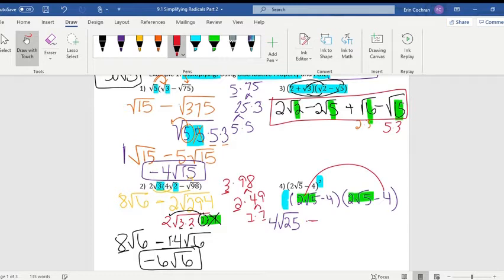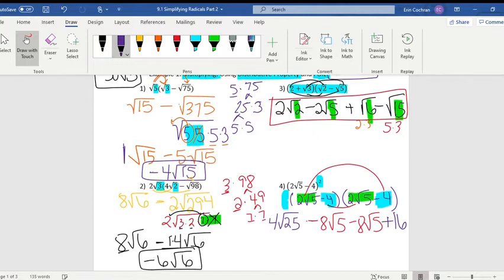Now 2 and 4 are on the outside, so we multiply them. 2 times 4 is 8, and then we have the radical 5. My inside would be negative 4 and 2 radical 5, which is what we just multiplied, so we get negative 8 radical 5. And then my last terms, negative 4 and a negative 4 is a positive 16.